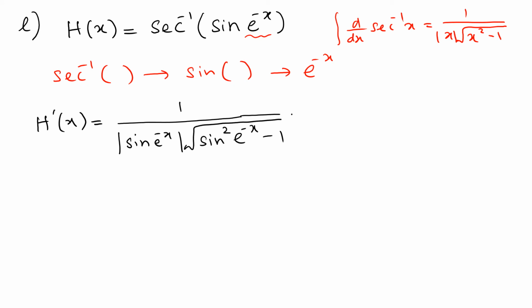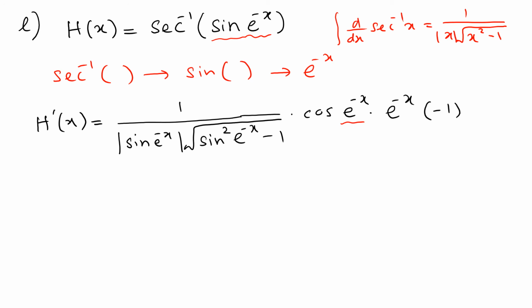So that's the derivative of the secant, and then you need to multiply by the derivative of the inside function. The derivative of sine is cosine, no change, and then you multiply by the derivative of e to the negative x. That's the next inside function.